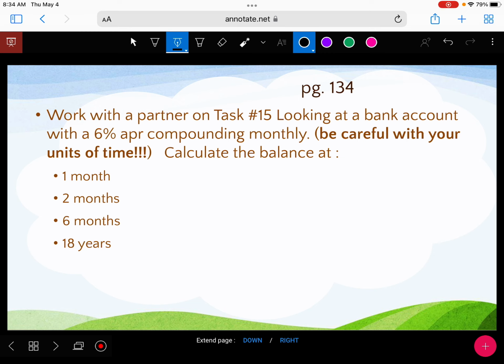So our yearly balance, we would have our $500, right? 1 plus our 0.06 over 12 to the 12t. That's if we were just putting $500 in and not touching it.